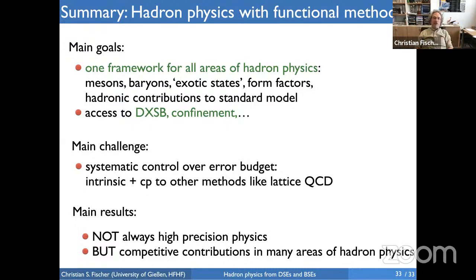You can use this framework to do mesons, to do baryons, to do exotic states, 4-quark states, glueballs, hybrids. You can do the same framework for form factors, even for hadronic contributions to g-2 in the Standard Model. You will hear a talk later in this workshop on that. And it gives us access to dynamical chiral symmetry breaking and confinement. And I think this makes it a very, very interesting tool.